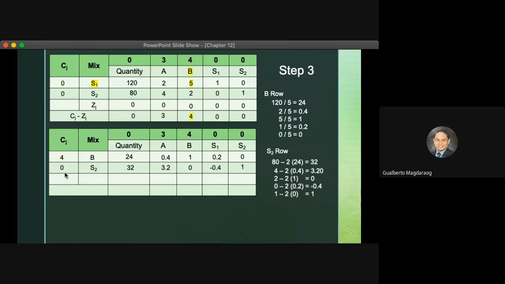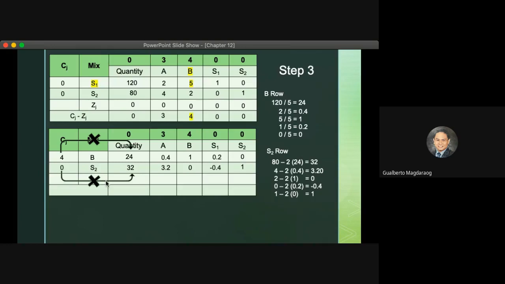And then let's compute for the total income, which is ZJ, by multiplying again the contribution margin with the quantity for both items and then add.